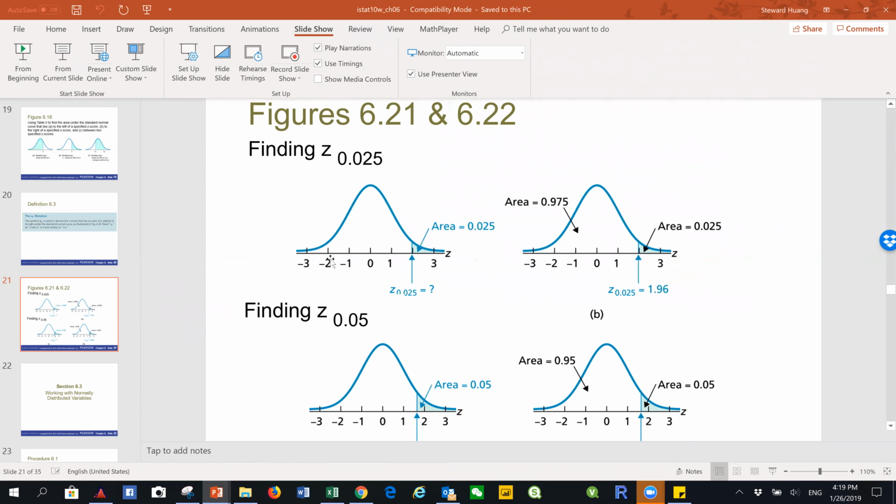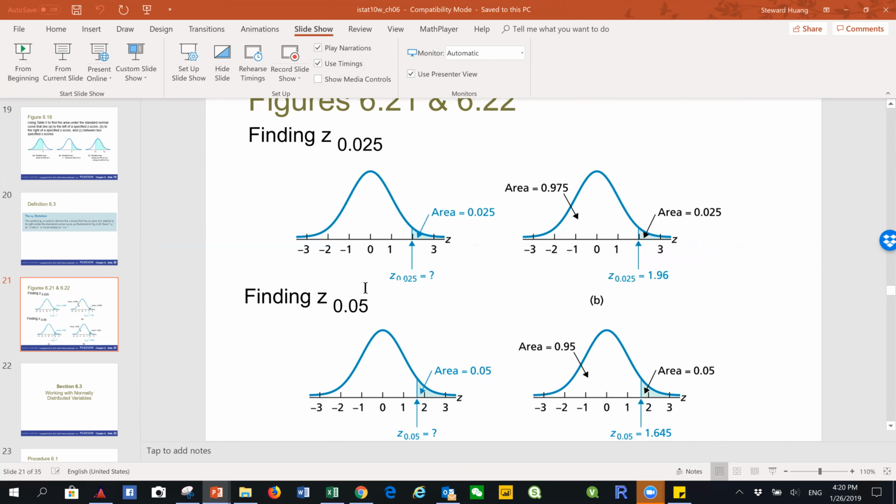What that means is the subscript is the area to the right of this z value. The area to the right of this z is 0.025. We don't know what this value is, but the area to its right is 0.025.